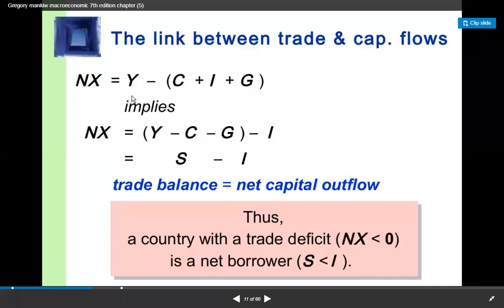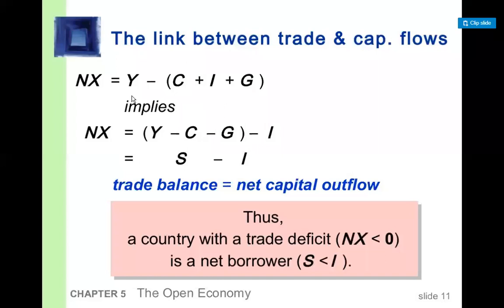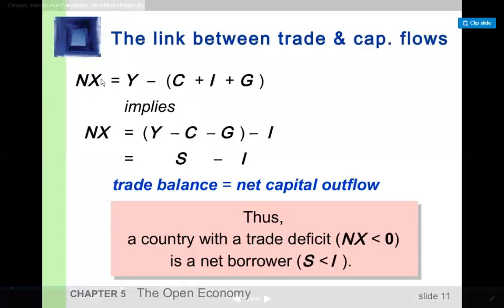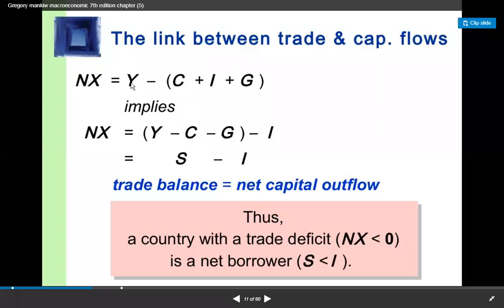First of all, we solve this equation for net exports. Net exports we keep the same on one side, and bring all the other variables to the left side, then C, I and G also with minus. That's Y minus C minus I minus G.